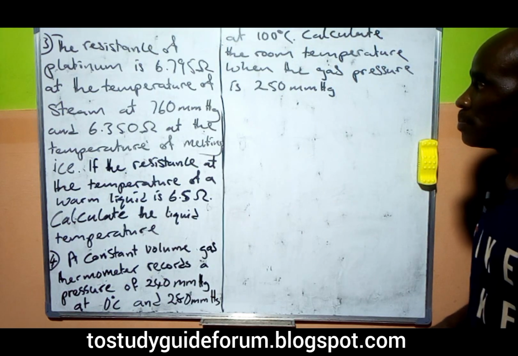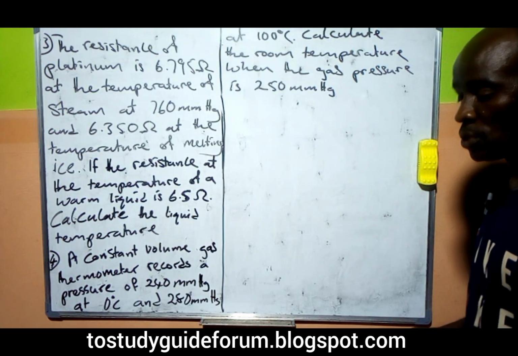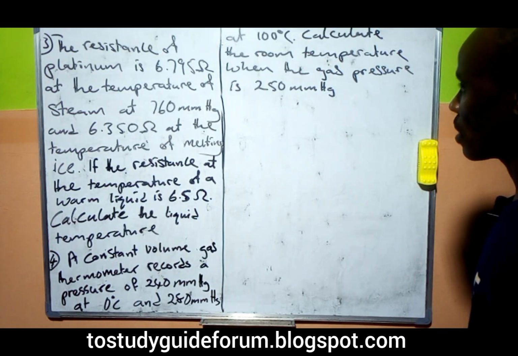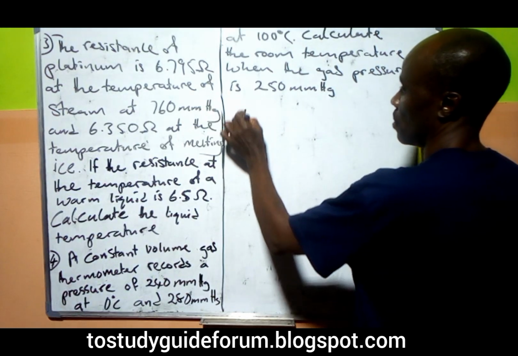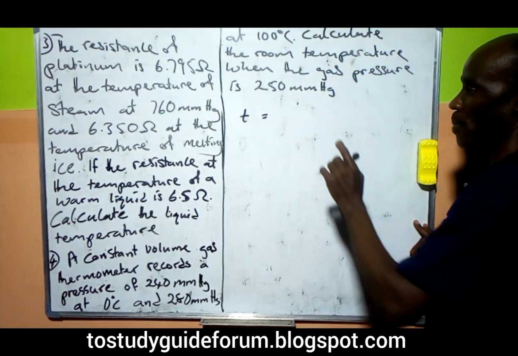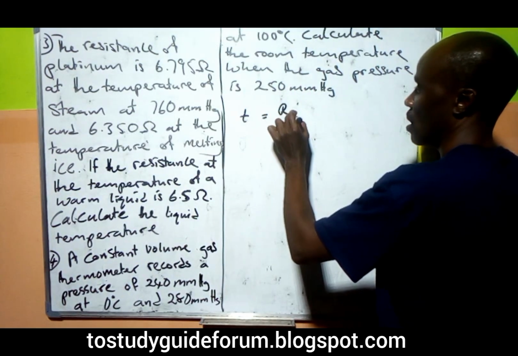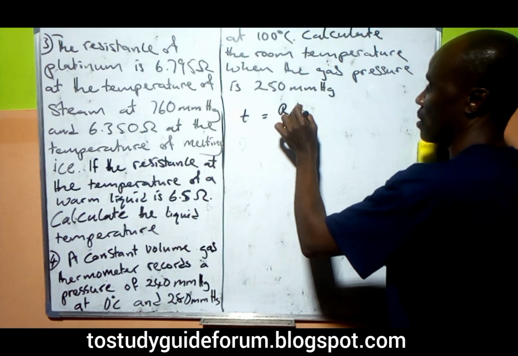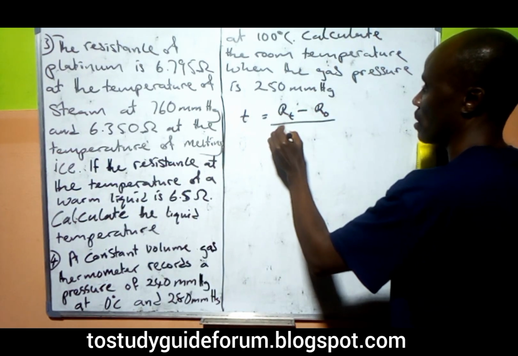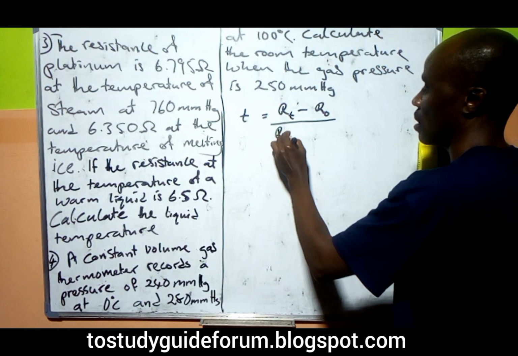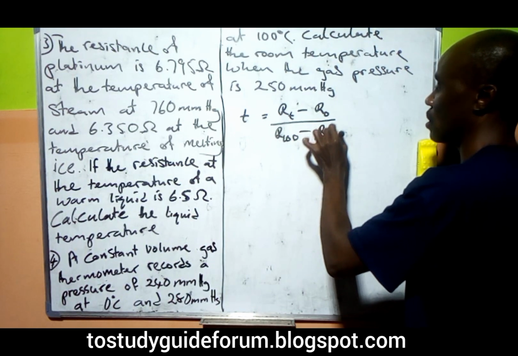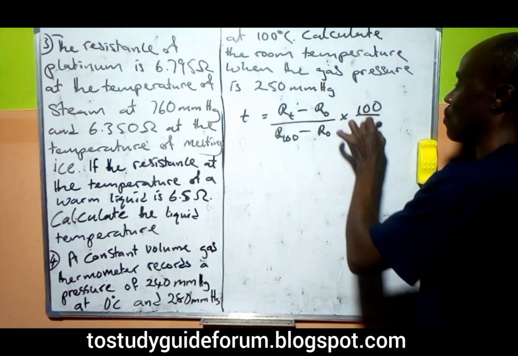So let's start with that. For us to do this, the first thing we do is use the formula for that. The formula we can always use for this. The formula is what? T equal to the resistance at T minus resistance at 0, over resistance at 100 degree minus resistance at 0, times 100 over 1.